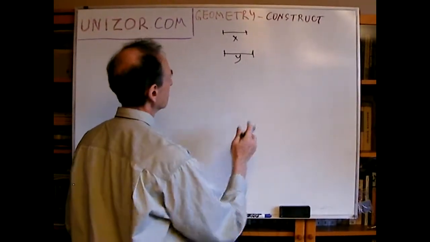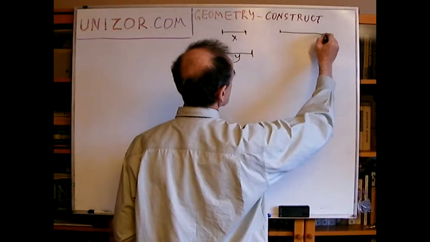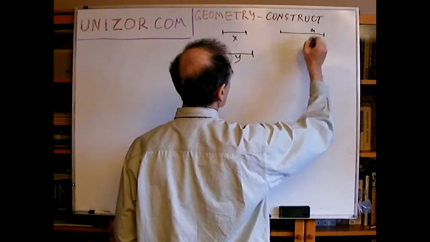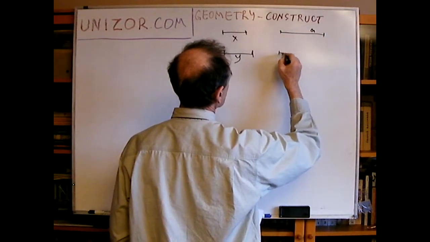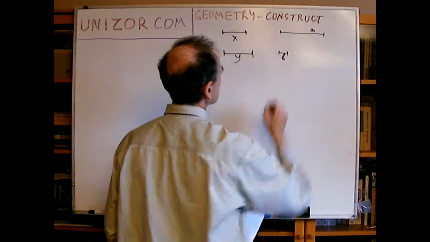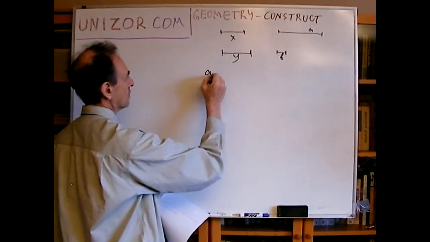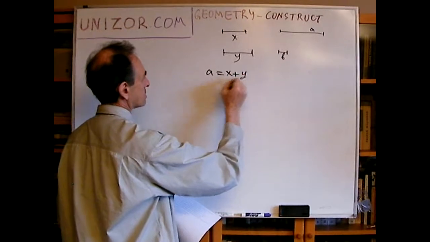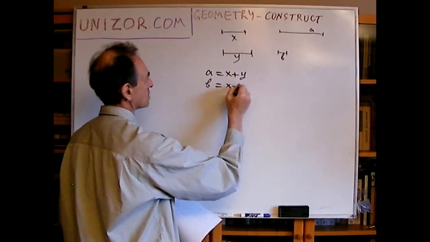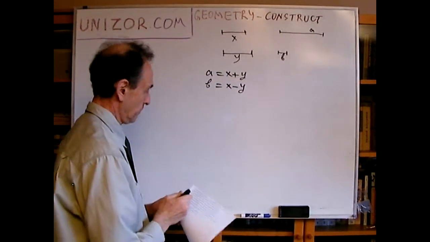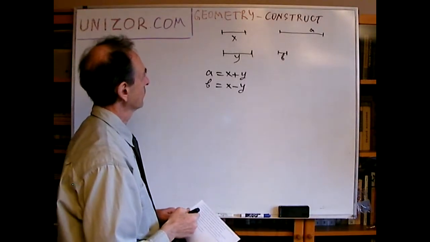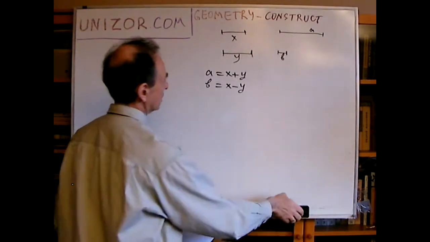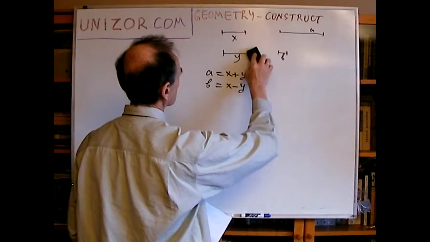What you are given is the sum of these two segments, called a, and the difference of the two segments, which is b. So a is equal to x plus y, and b is equal to x minus y. All right? Well, actually, let's draw a little smaller.